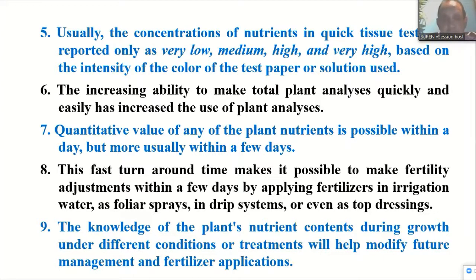That also we can do. We can consider it from the quick tissue test. But however, for more accurate results, you must perform total plant analysis.